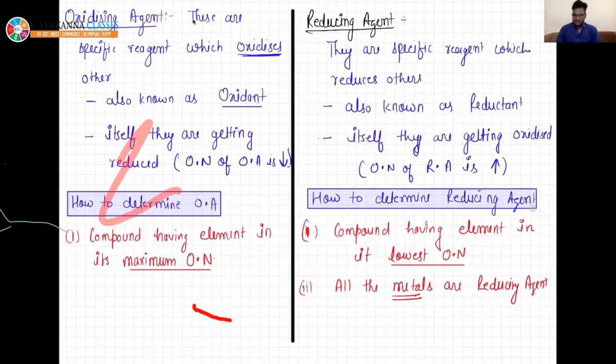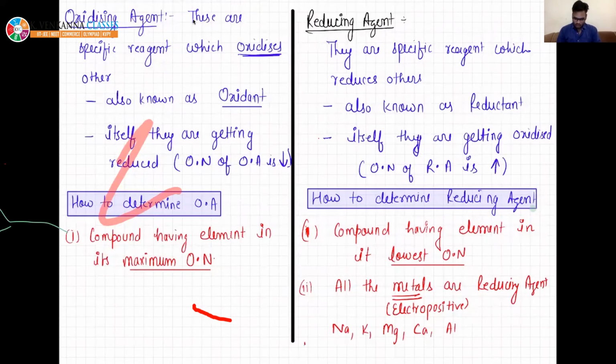This is the property of metals, like sodium, potassium, rubidium, manganese, calcium, aluminium. Any metal behaves as a reducing agent.